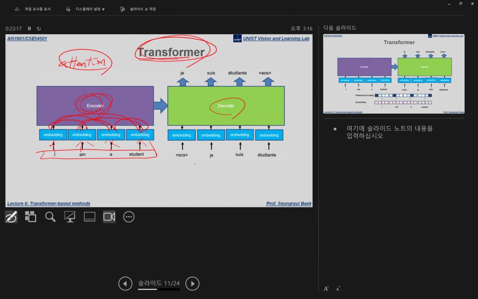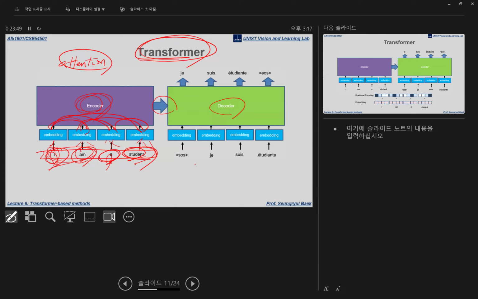They are considering the dense pairwise relationships between the inputs. They consider the relationship between I and am, and also I and a, I and student, and am and a, am and student, a and student, and encode the features based on these relationships.